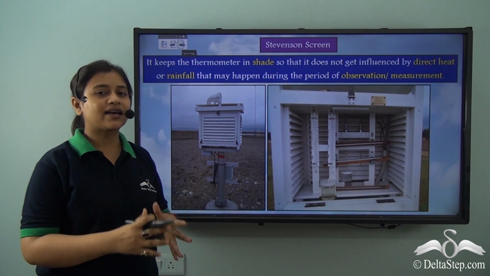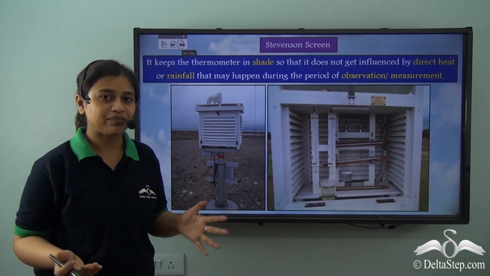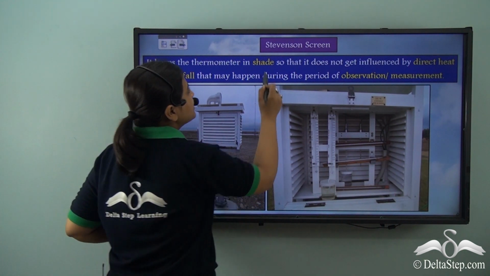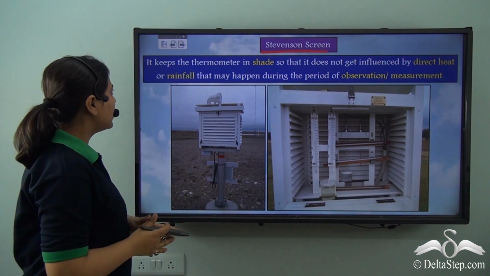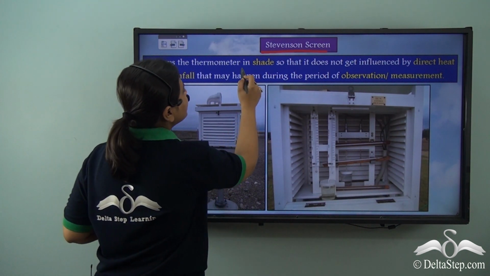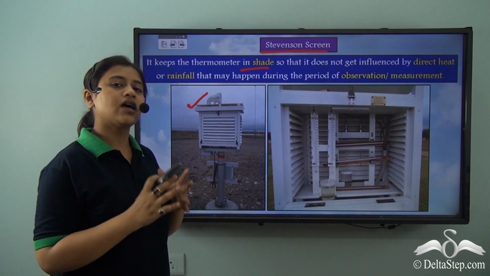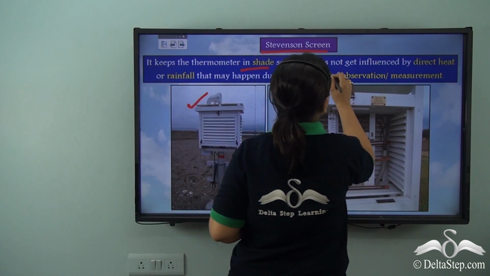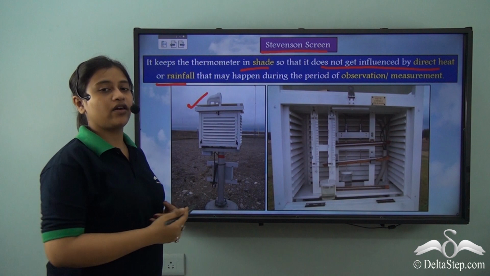But in a meteorological station, the Six's maximum and minimum thermometer is not kept in open. It is kept in the Stevenson screen. So what is the Stevenson screen? Well, it keeps the thermometer in shade. So it acts like a shade so that the thermometer does not get influenced by the direct heat or rainfall, right?